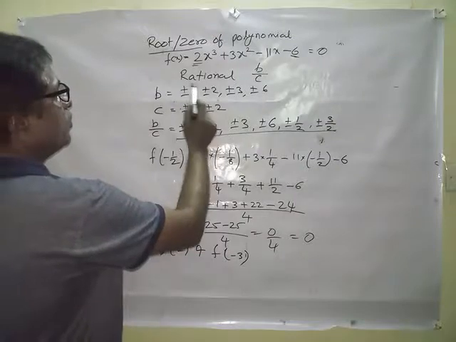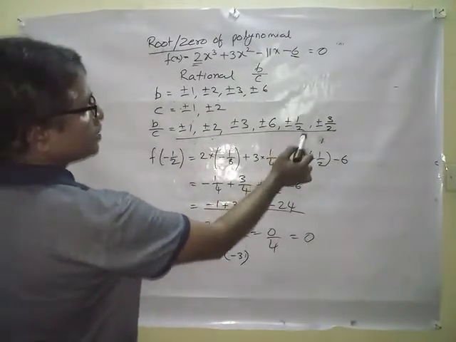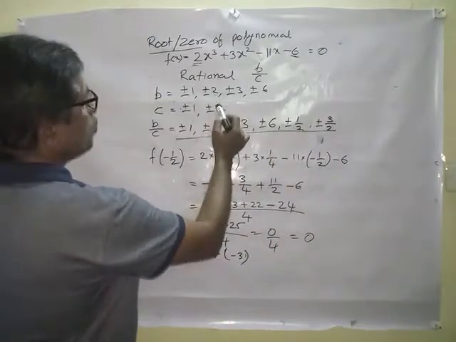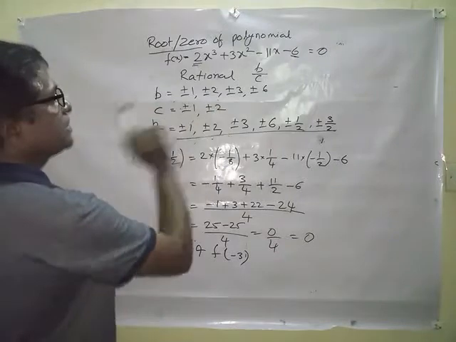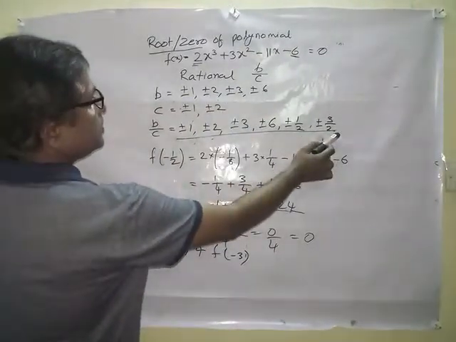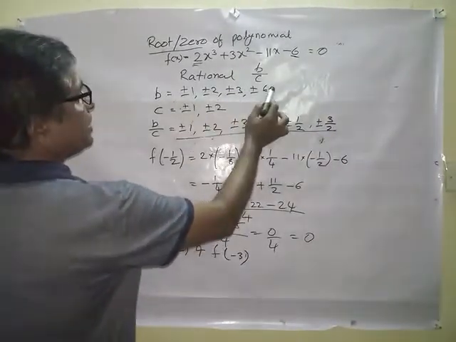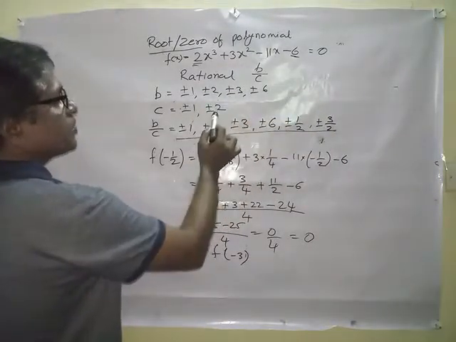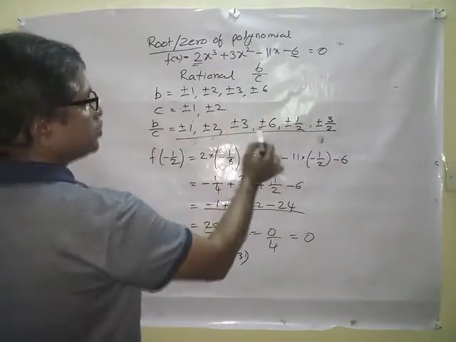Now 1 upon plus minus 2 is plus minus 1 upon 2. 2 upon 2 becomes plus minus 1 only, so forget this. 3 upon plus minus 2 becomes 3 upon 2, a different value, so write it down. 6 upon plus minus 2 becomes plus minus 3, so forget this.